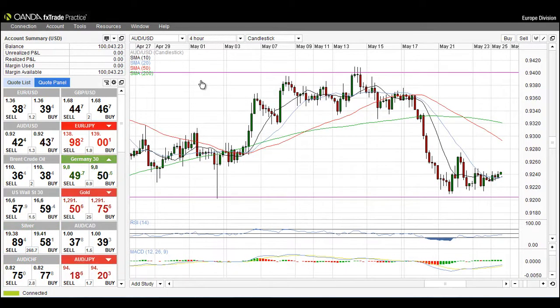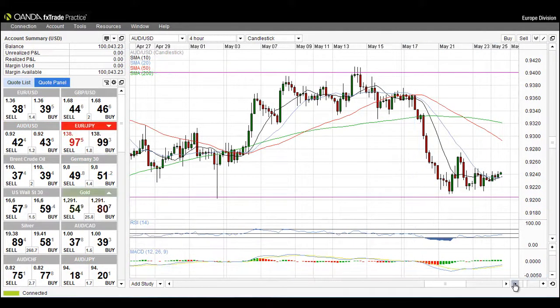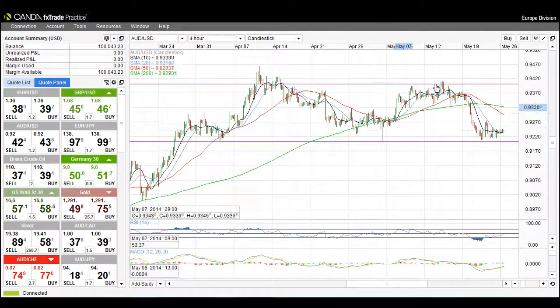a lower time frame, for example the 4 hours or the 8 hours, and I'll be looking to see if we can break this level over here of the 9200, and then I'll be looking for an opportunity as price pulls back into this level. At this point in time, you can see that as price came and touched that level, it bounced away and came down again and bounced away.